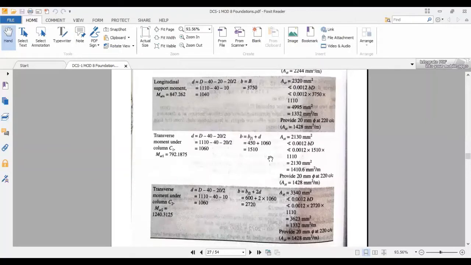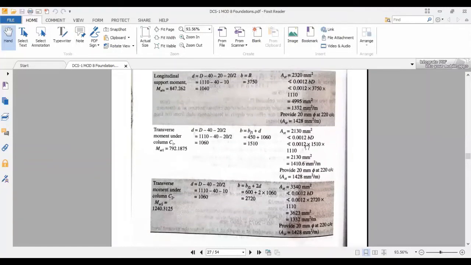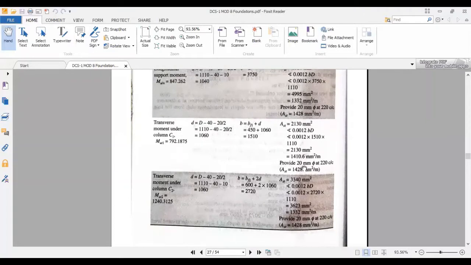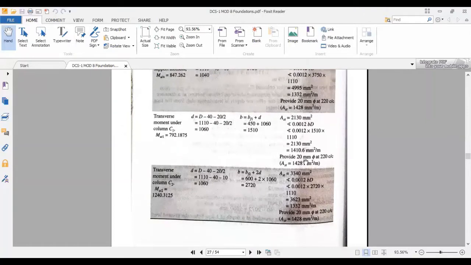And similarly AST should not be less than 0.0012 BD, so it should not be less than this value. So the actual AST is 1410.6, and if you provide 20 mm dia at 220 center to center spacing, the AST would be 1428 mm square per meter.